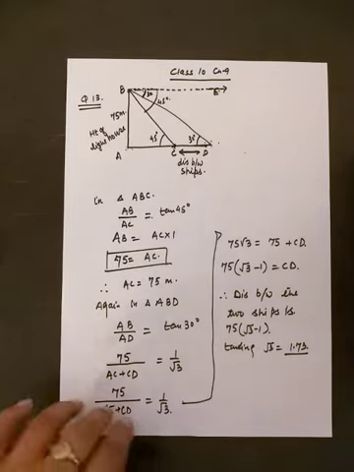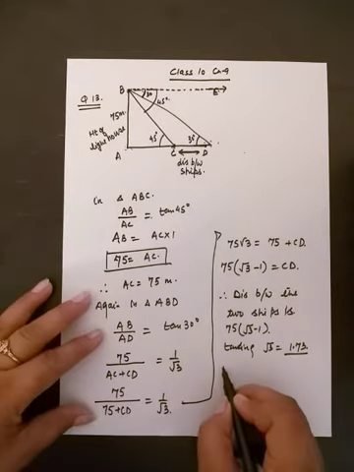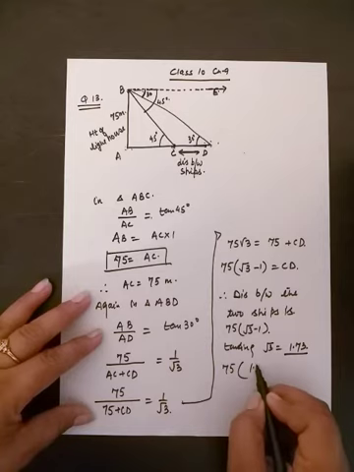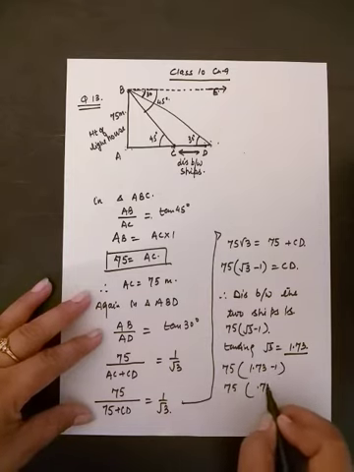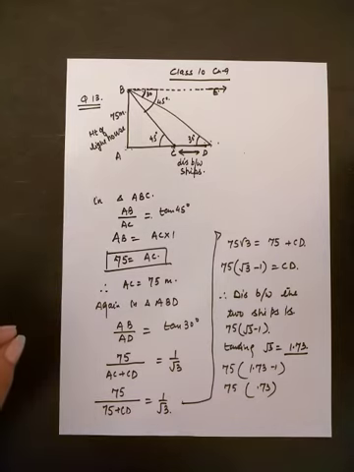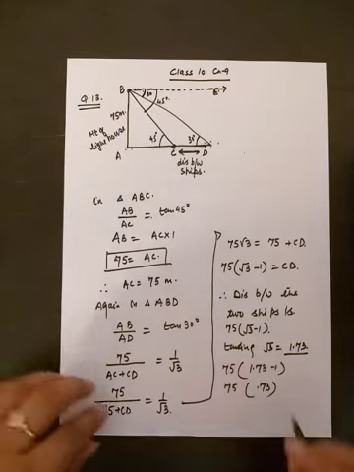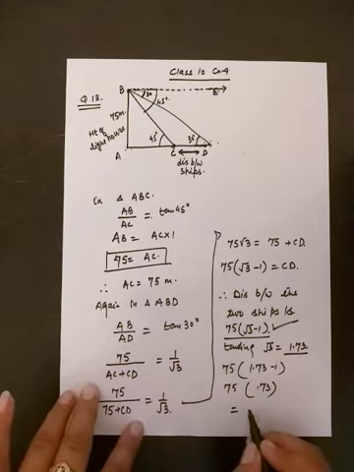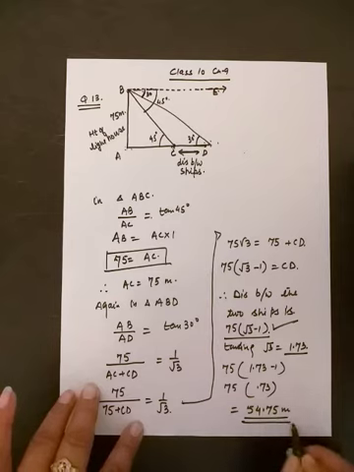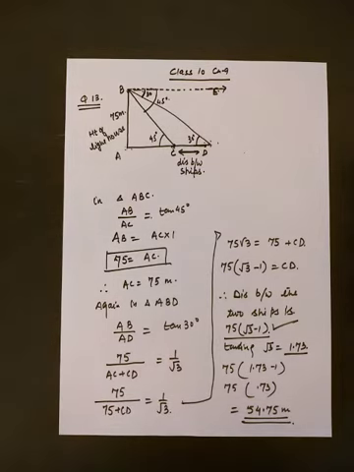We are taking the value up to 2 decimal places. So 75 into 1.73 minus 1. If you are not asked to find the answer in decimal, you can leave your answer at this point. So it will be 54.7 meter. So this is the distance between the two ships.